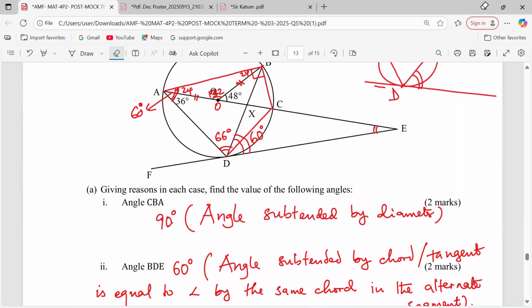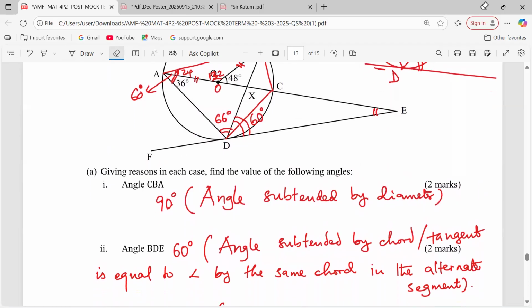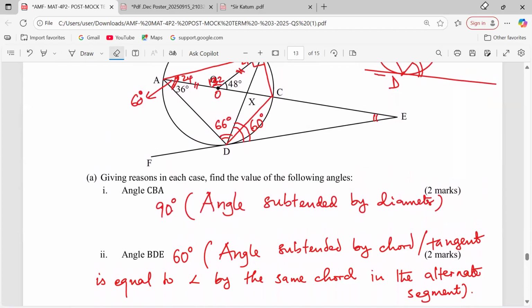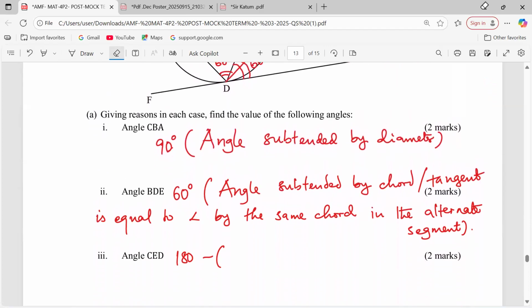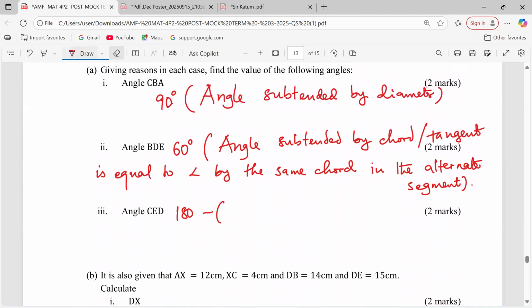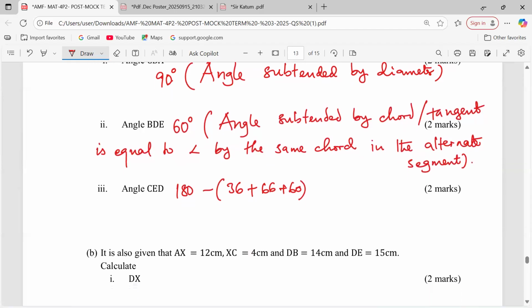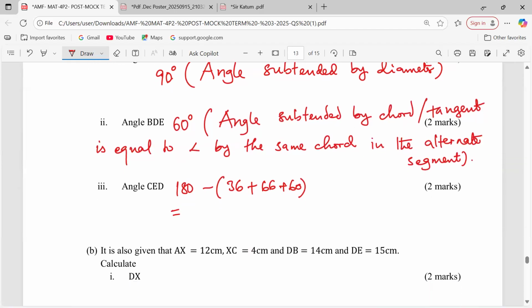I'm considering triangle ADE. So 36, 66, and 60. To get the remaining angle, this angle is now going to be 180 minus 36, 66, and 60, giving us exactly 18.